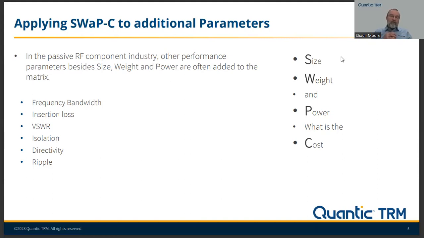Those same trade-offs happen, for example, for bandwidth. Say you are working at X-band, and you have a part where you're doing an up-downlink system, and you need a directional coupler for some power sampling, but you only need a couple hundred megahertz bandwidth.